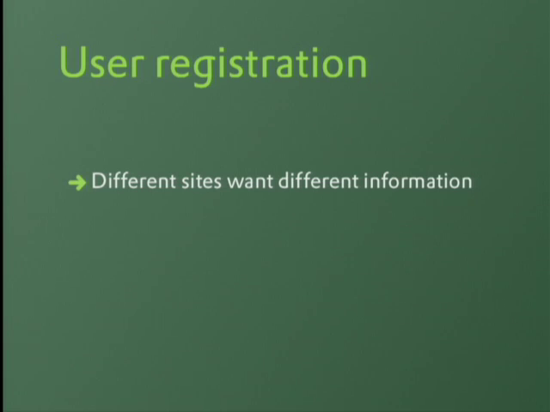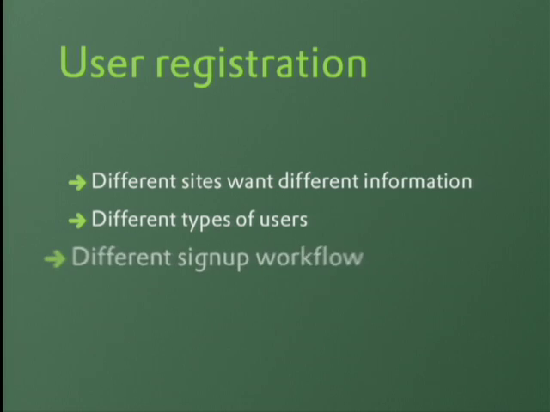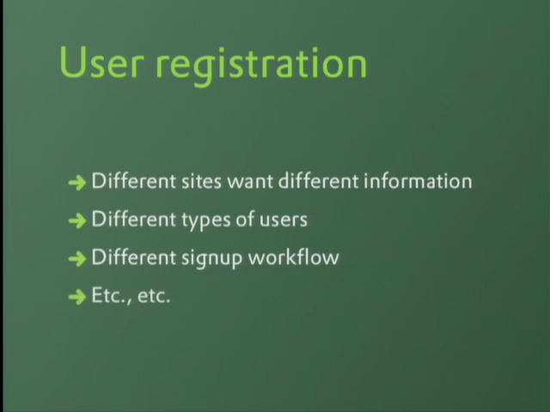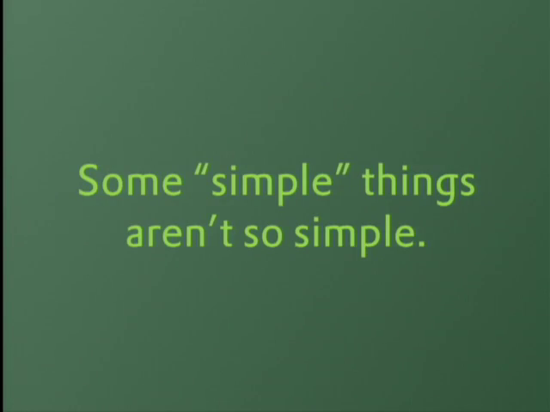So you've got all these different workflows immediately. People are going to want to have different types of users. People are going to want to have different types of sign-up processes. And it's going to go on and on and on. So even though you may laugh at it and say, well, it's just user registration, it's just really simple, it turns out some simple things aren't so simple.